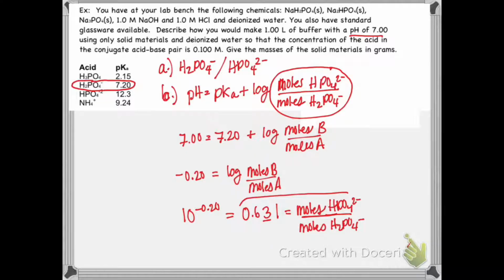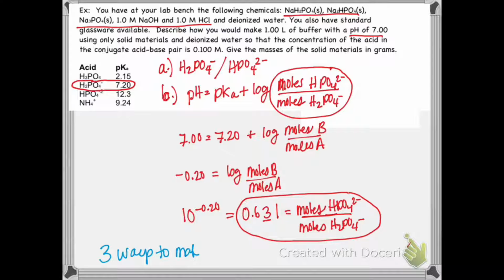So this mole ratio is going to be used to calculate how to prepare the buffer in 3 different ways. So we have these sodium salts available and a strong acid and base, so we can prepare this buffer in 3 different ways as we discussed in class, and so that's what we'll be going through next.